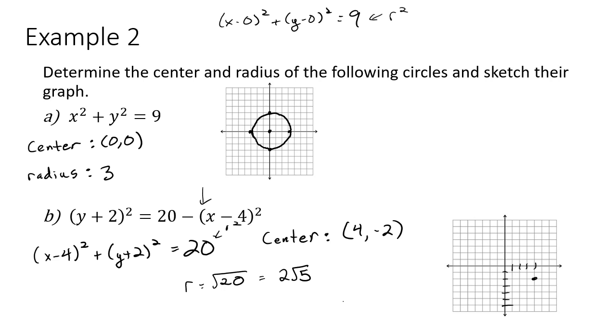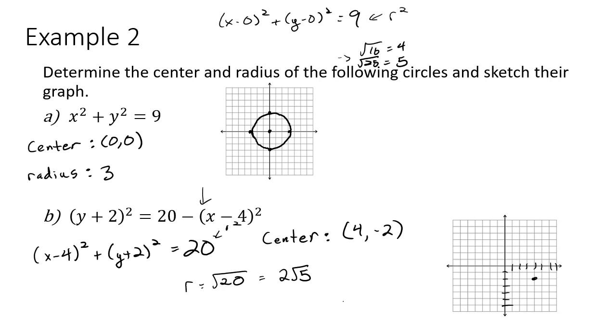And now I need to at least approximate the radius. So you could plug this into a calculator to get a decimal for it. You guys have access to those in this class, so that's not a big deal. You don't need to go out further than 1 decimal place. Just kind of eyeballing this, square root of 16 is 4, and square root of 25 is 5.